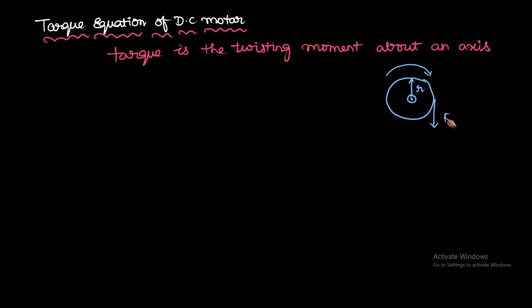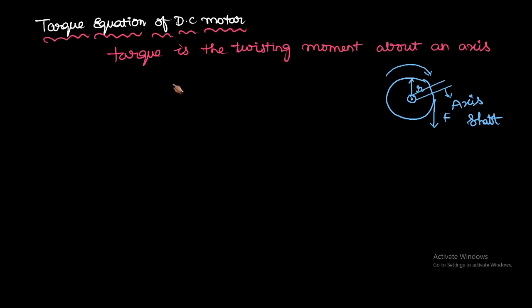Rotating means a twisting movement about this axis, the shaft. That is called the torque. Torque is the twisting movement about an axis.